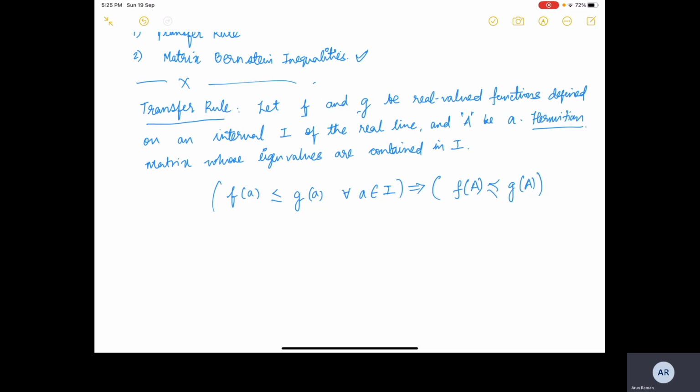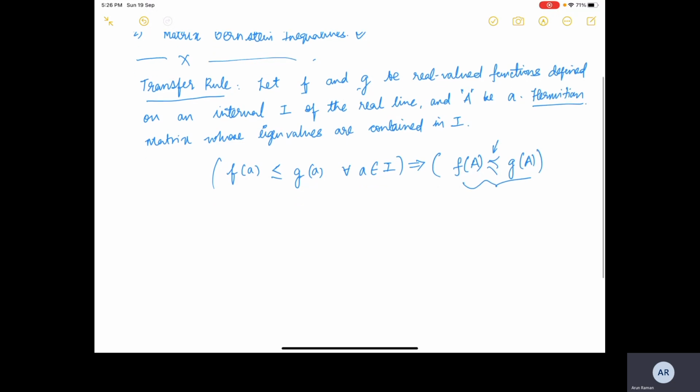So if we recall, what this means is that g of A minus f of A is positive semi-definite. So this is one of the rules of porting the monotonicity of functions defined on scalars to the monotonicity in the semi-definite order on the same functions defined using the matrices.